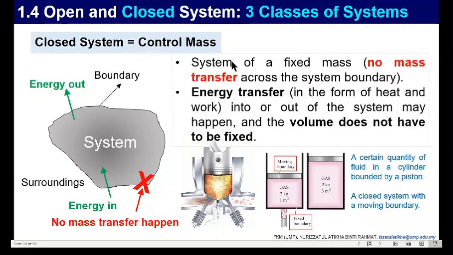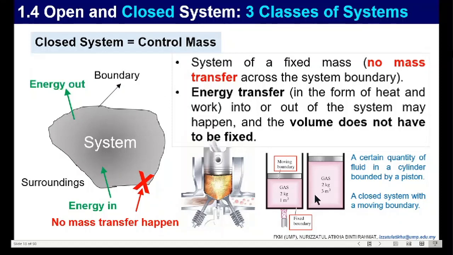Please remember, however, energy transfer in the form of heat and work into or out of the system may happen, and the volume does not have to be fixed. Energy in, energy out can happen through the system boundary.